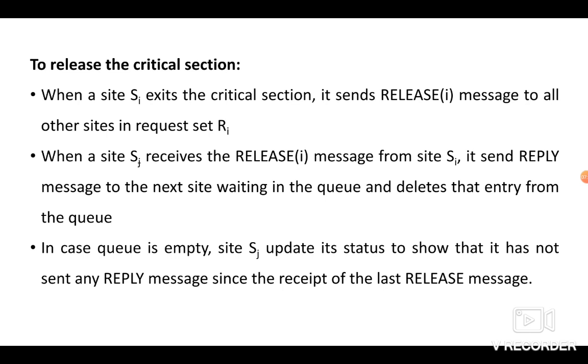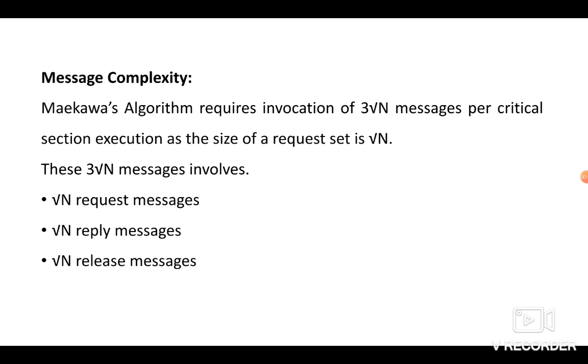If any pending requests are there, it sends a reply, and after sending the reply, that entry is deleted from the queue. If the queue is empty, then Sj must update its status to show that it has not voted, that is, it has not sent any reply since the receipt of the last release message. These are the steps we need to do for exiting the critical section.